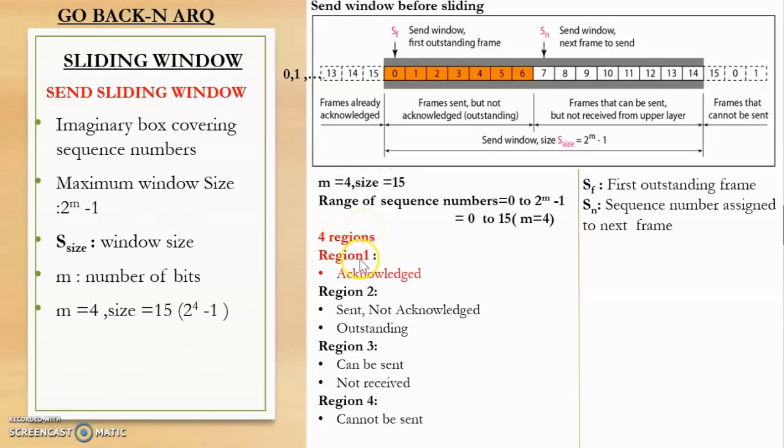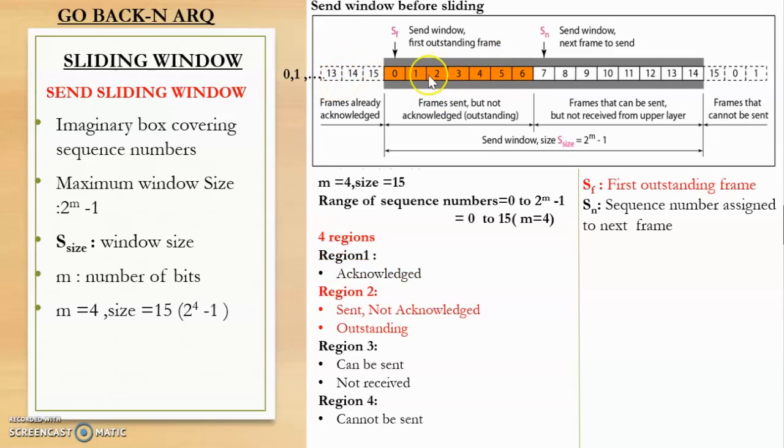The first region, which is to the left of the window and which is not a part of the window, defines the sequence numbers of the frames that are already acknowledged. So it means that the sender has already sent frames with these sequence numbers, and the sender has also received an acknowledgement for the frames with these sequence numbers.